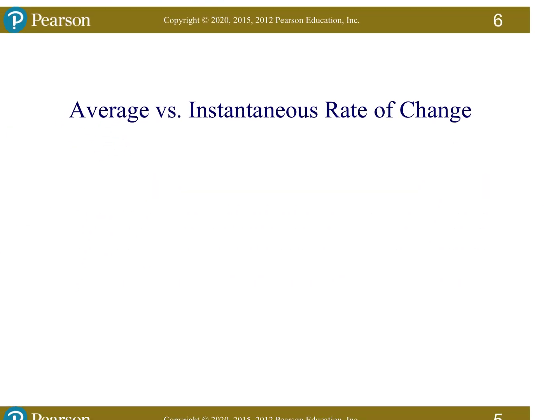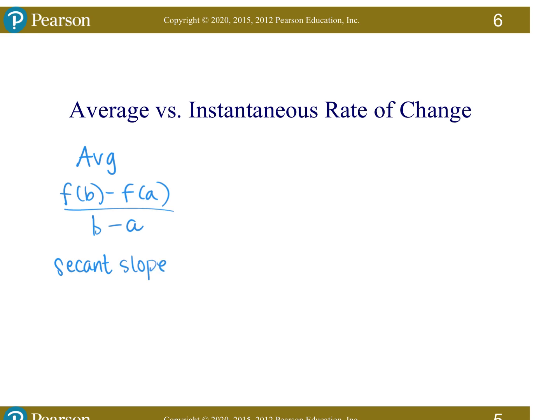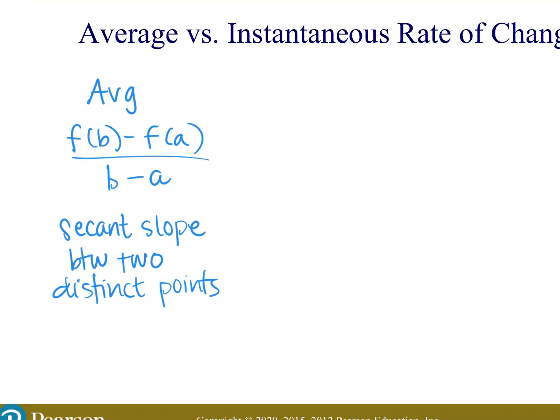All right, so let's look at that again. We just want to compare side by side, average versus instantaneous. If you're talking about average, you'll be talking about f of B minus f of A over B minus A. You will be talking about a secant slope between 2 distinct points, point A and point B. If you need help picturing that, think of it like this way.